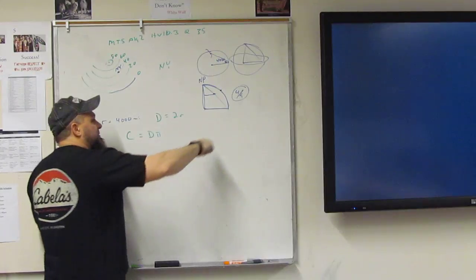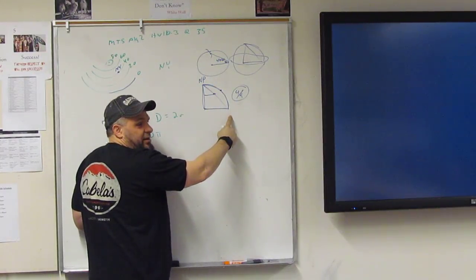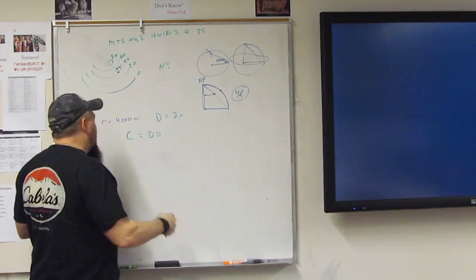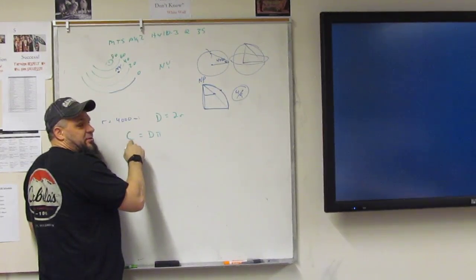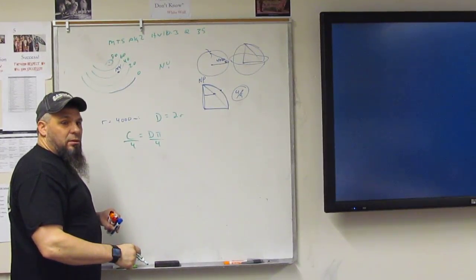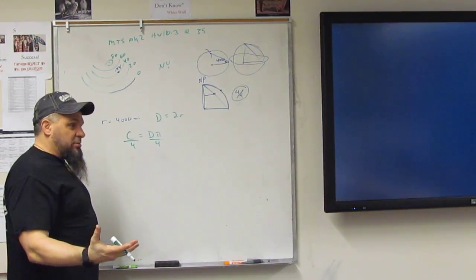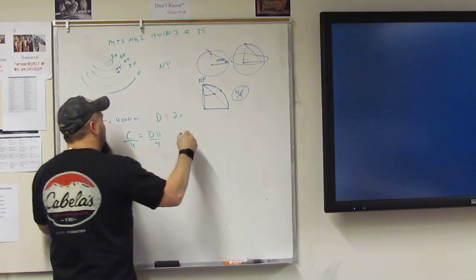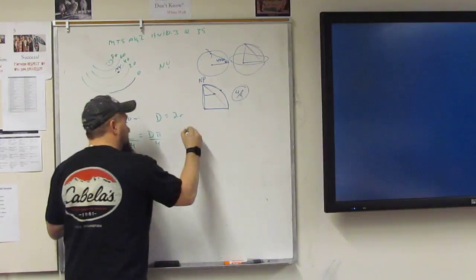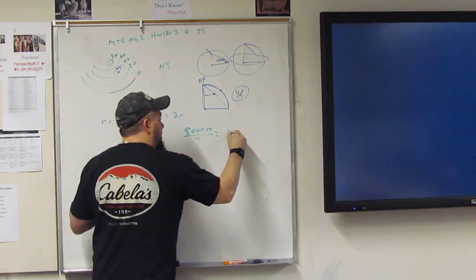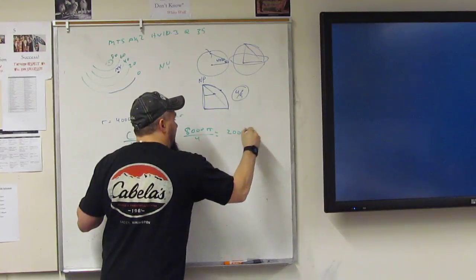So what we're talking about is a quarter, right? This is a quarter of the circle, right? So then I'm taking the quarter of this, right? That would be a quarter of the circle, right? Okay? So then I'm going to go, okay, well, then that would be just 8,000 pi over 4, which is 2,000 pi.